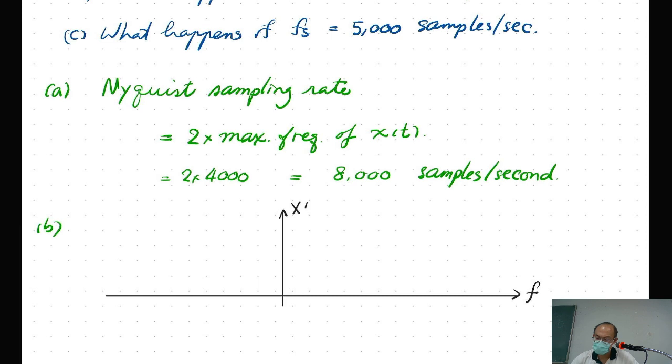So X of omega here. We have two impulses, because the spectrum of cosine is impulses at two frequencies, positive and negative.